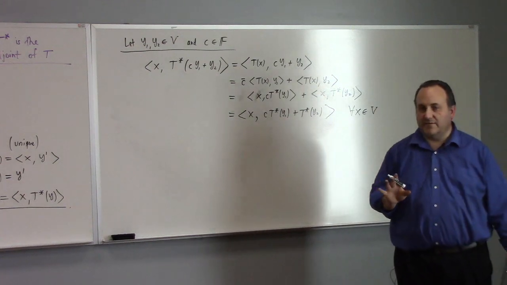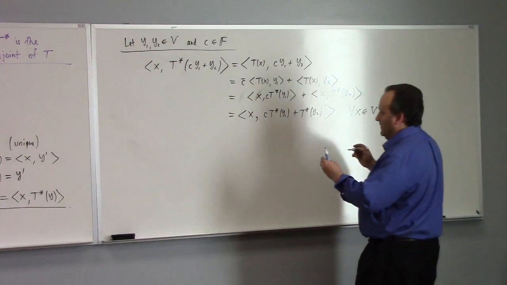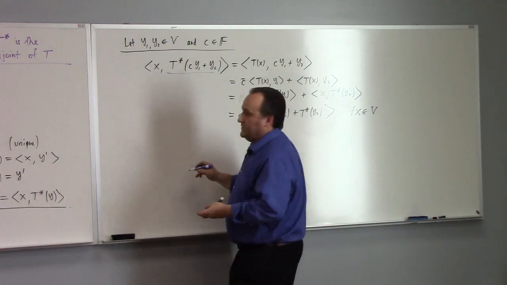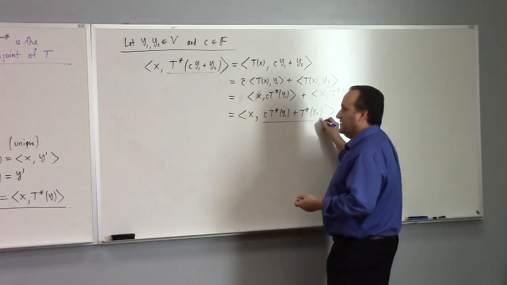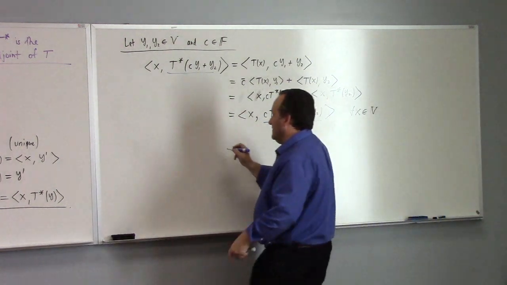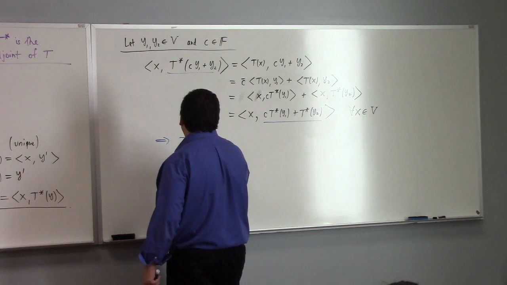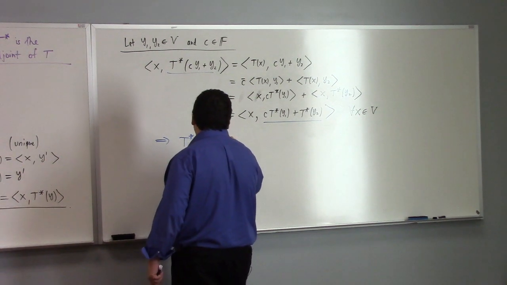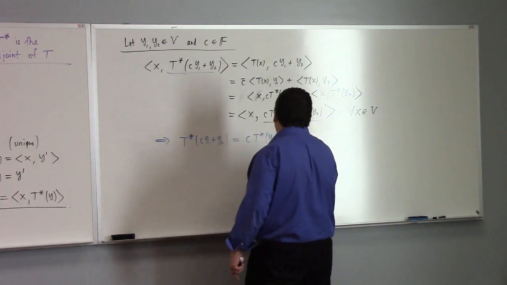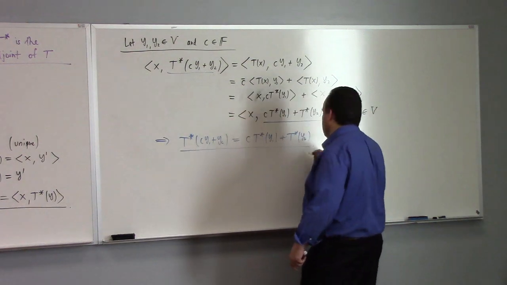But one of the properties we have of the inner product is a cancellation property. If x inner product with a vector is equal to x inner product with this vector, and that's true for all x, that implies that T star of c y1 plus y2 is equal to c T star y1 plus T star y2. So in fact, yes, the adjoint is linear.